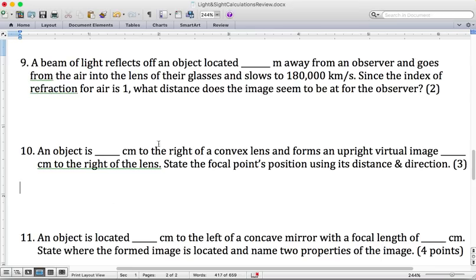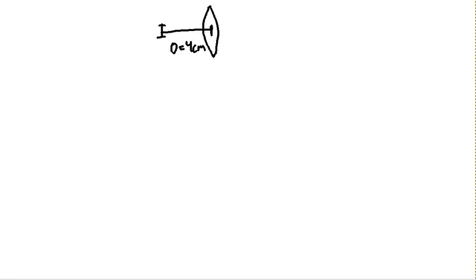And it forms a virtual upright image blank centimeters to the right of the lens. You're not going to have to worry about this because it's going to be given to you, but if it's forming a virtual image, what that means is that this object must be closer to the lens than the focal length.